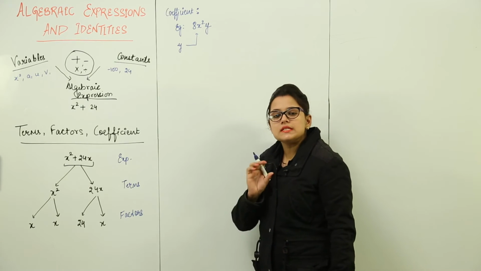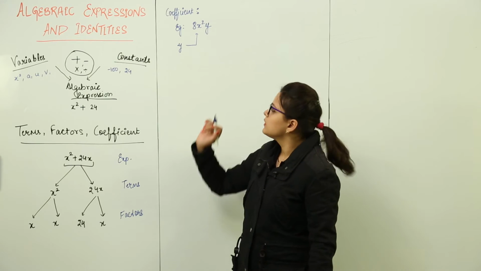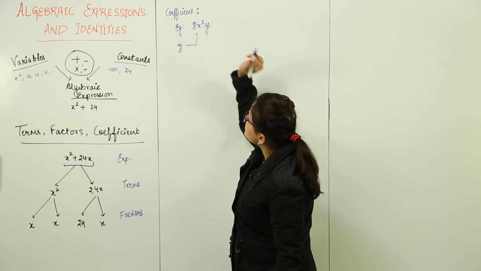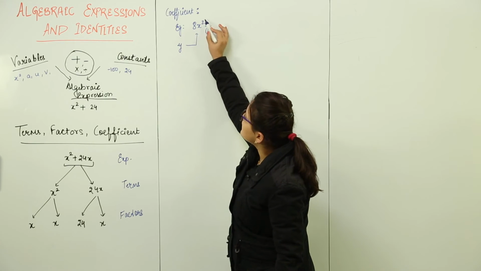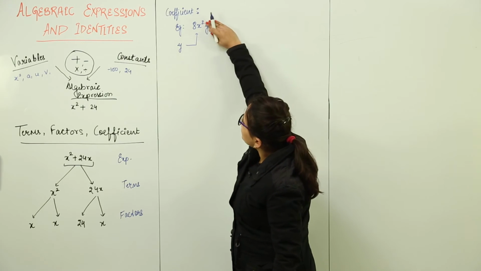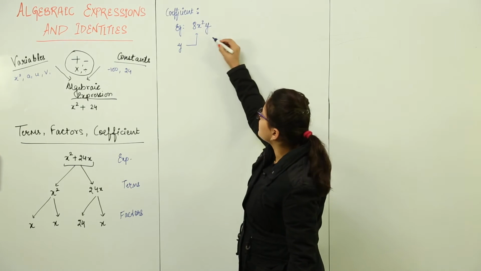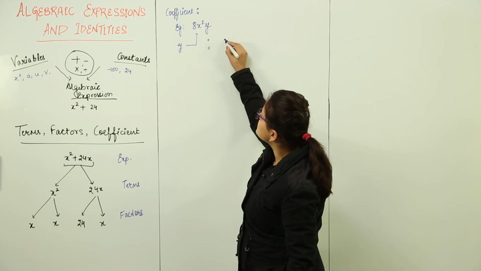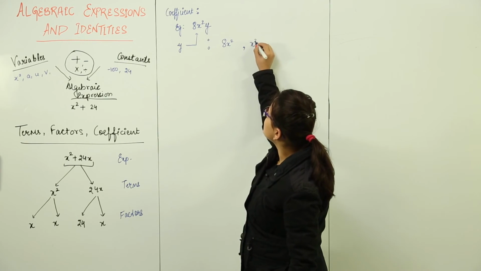The coefficient is nothing else except that thing in the term. The coefficient is everything except y. You hide the y part and what are you left with here? It is x square. So the coefficient of y in this term is x square.